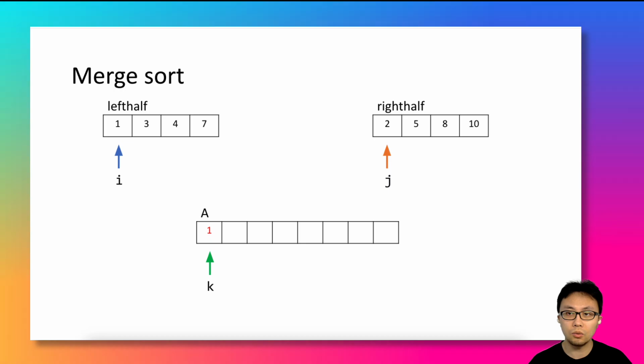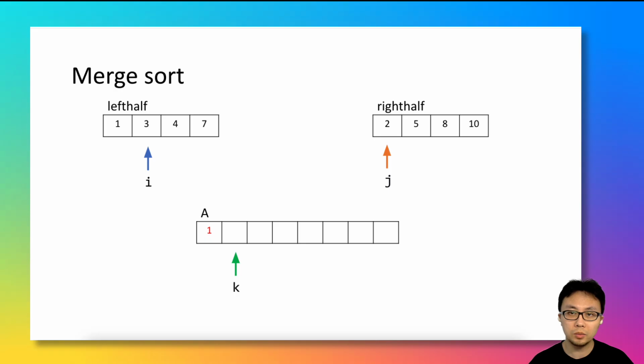Besides that, we would always move K rightward by 1 step, so that it can point to the next vacancy where you can place an element in without causing troubles. So we move both I and K rightward by 1 step.